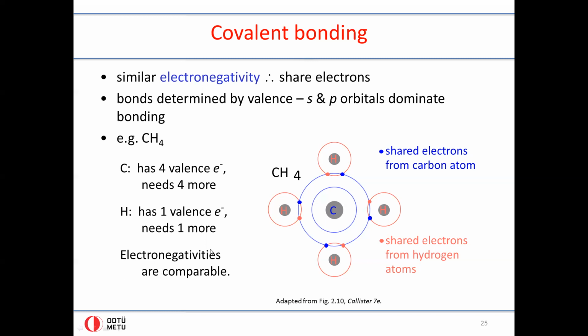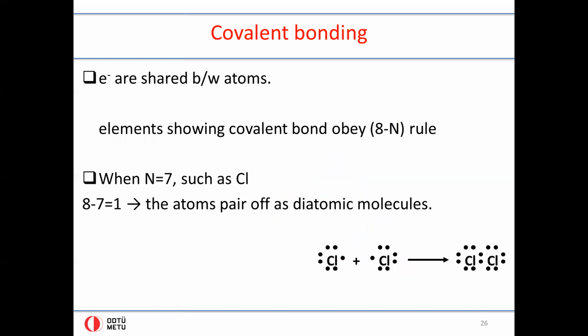The electronegativities are similar or comparable, meaning they form between atoms that are not necessarily on the left and right hand side of the periodic table, but between different pairs of atoms.